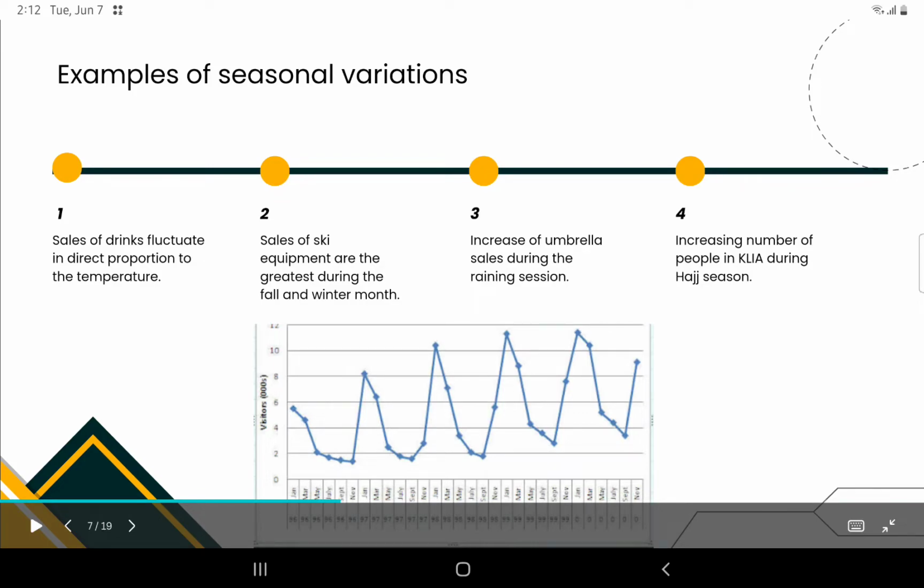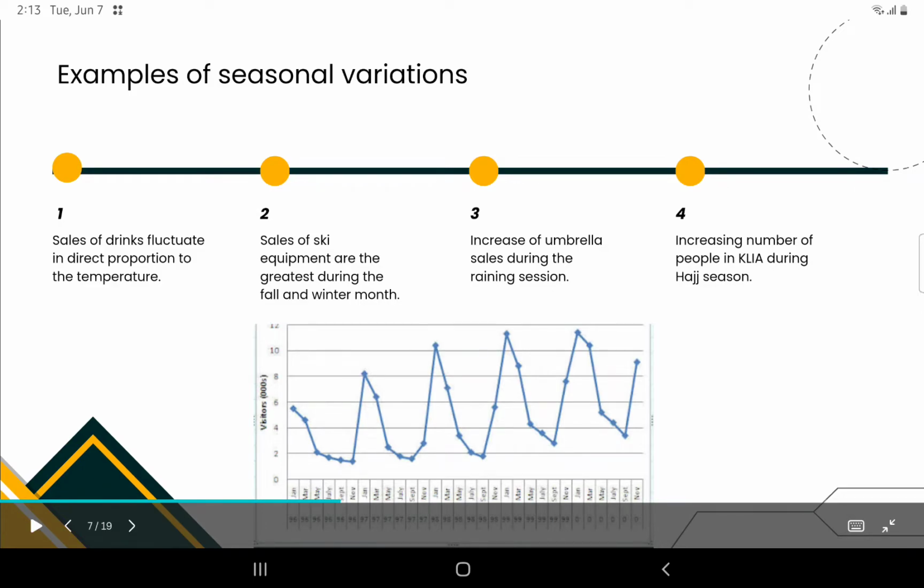These are examples of seasonal variation. The first one is the sales of drinks. The sales of drinks will fluctuate. Dia akan tiba-tiba mencanak naik in direct proportion to the temperature. So if the temperature is high, the sales of drinks will also be high.